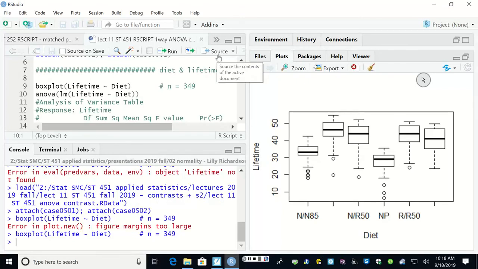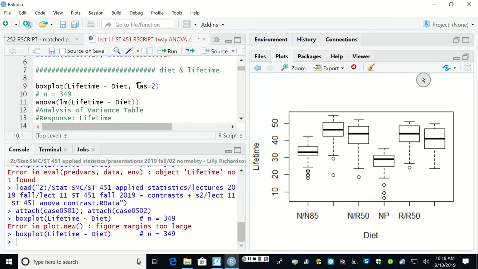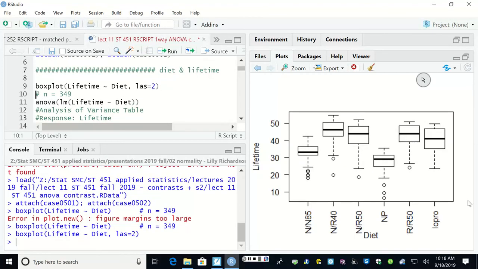For these different diets, there's a reduction of calories, there's a 50 or 40, and then there's a low protein one, and you can change the orientation of those axes so you see these things.